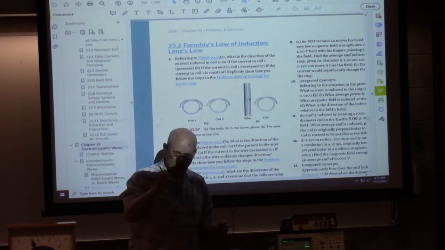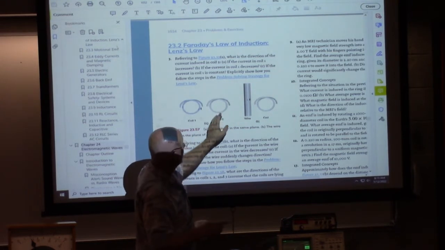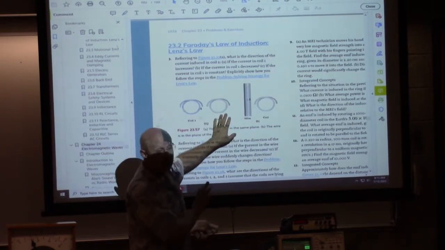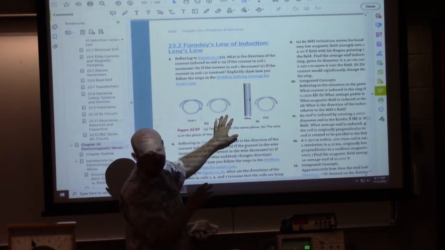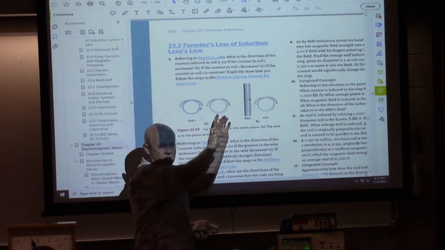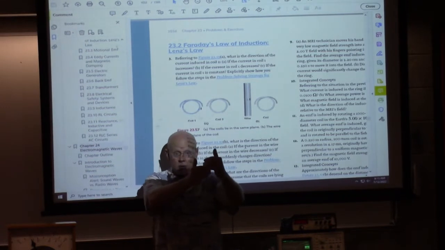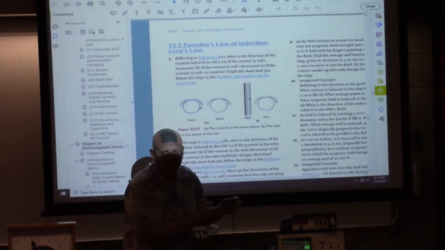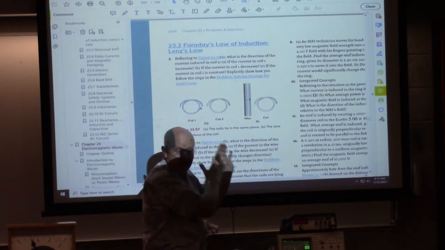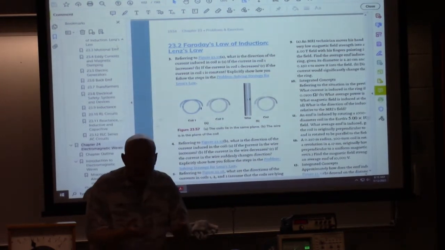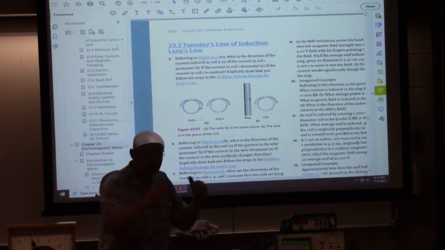So Lenz's law says that the current will be set up in this secondary in such a way that the flux created from this secondary will oppose the change. So opposing the change means to make flux come out, to subtract it off. If I put some numbers here, let's say our flux going in was 10. And as the current goes up, it's trying to get up to 12. But the current in here is trying to oppose that change.